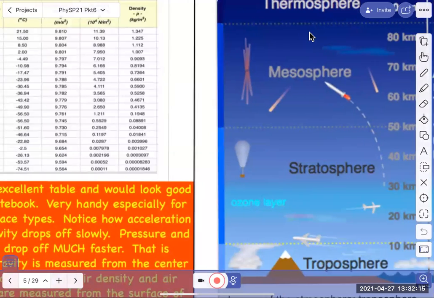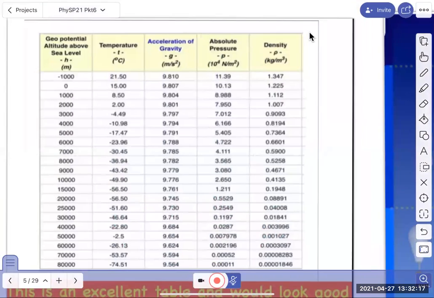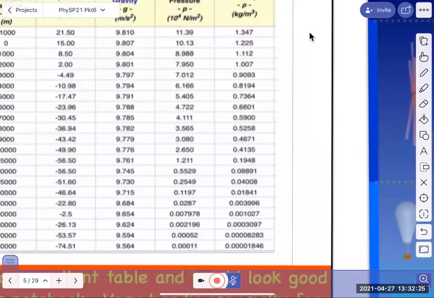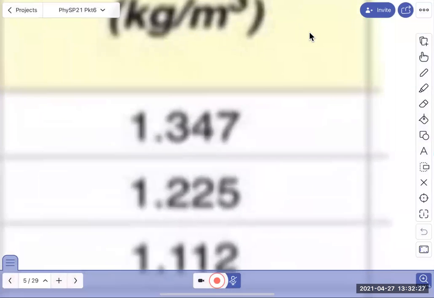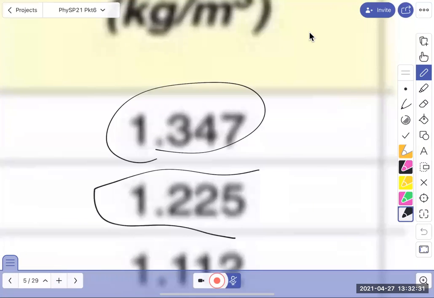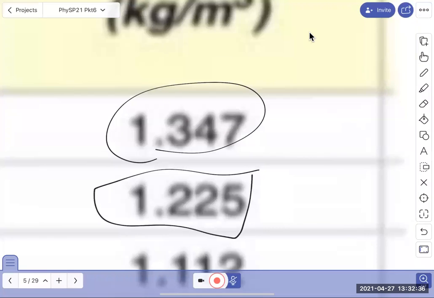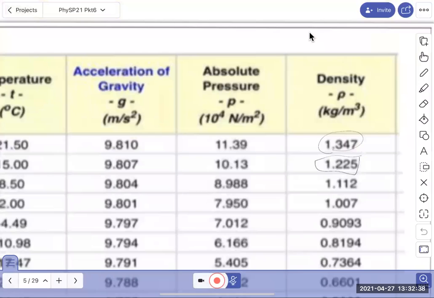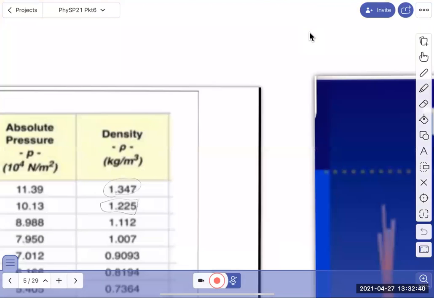Well, if we take that altitude up, this is showing what the density and what the pressure is. Pressure and density are very closely related. But look at this. On the surface, 1.2 kilograms per cubic meter. Oh, no, this is not in the ocean.